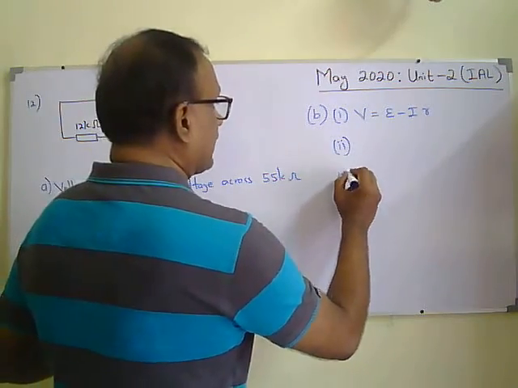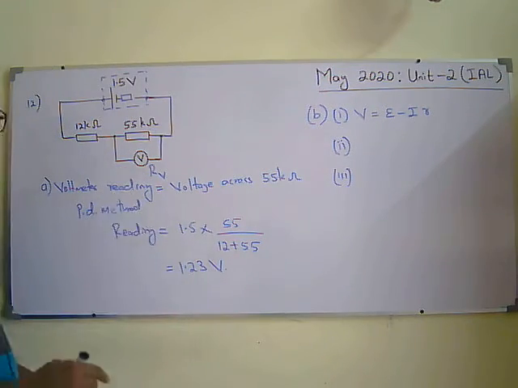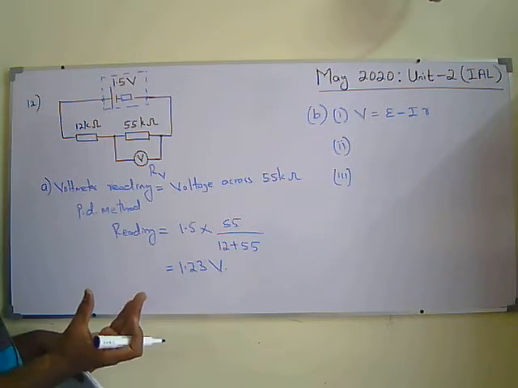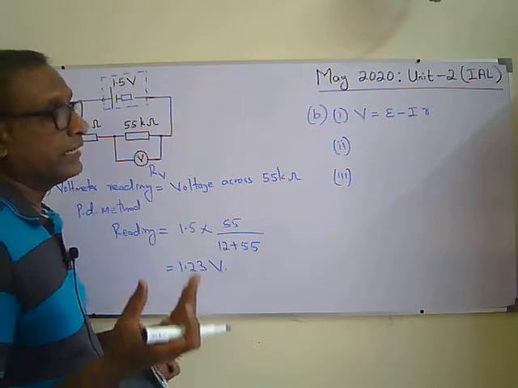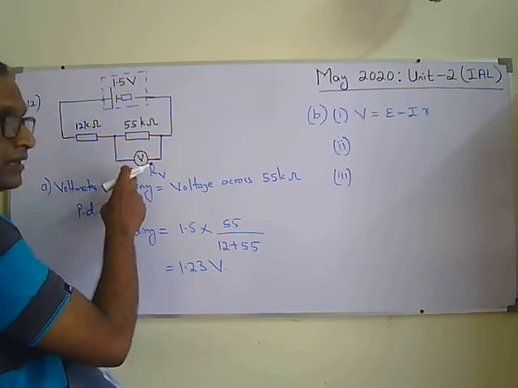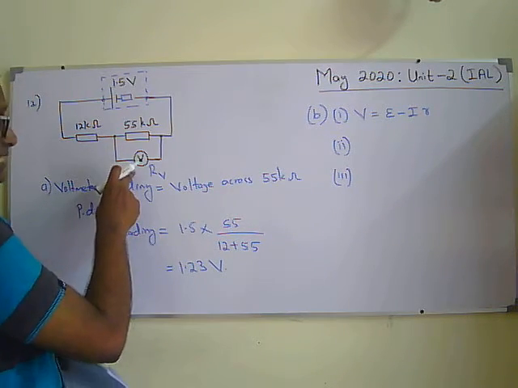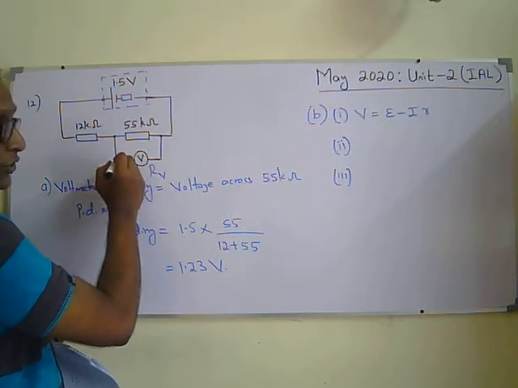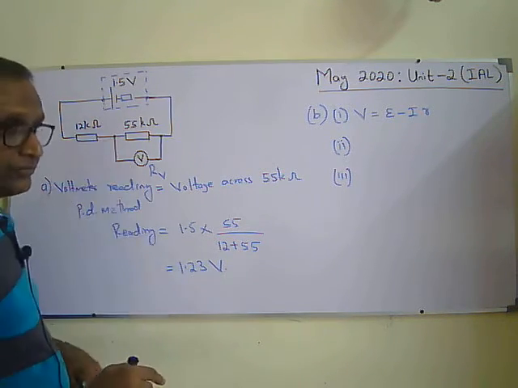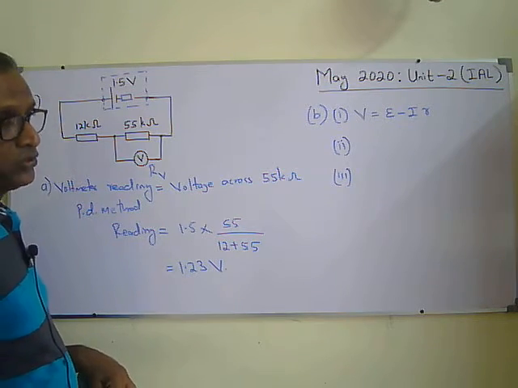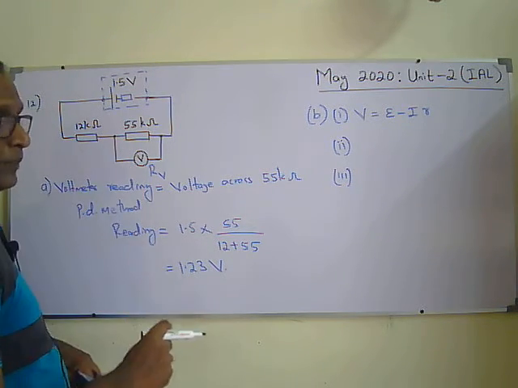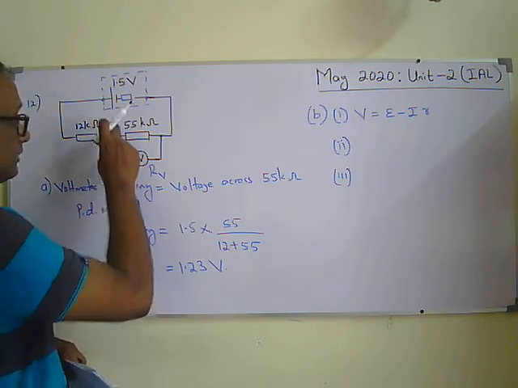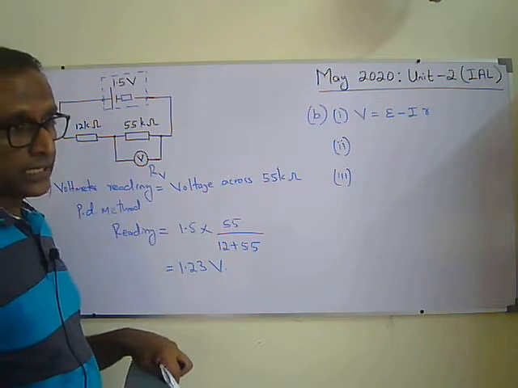Third one, I can say the internal resistance of the voltmeter is not large. It should be very high. An ideal voltmeter should have very high resistance. But if it has a reasonably lower internal resistance, then the combination is going to be lower than 55. When you connect components in parallel, the equivalent resistance becomes lower than the resistance of the components connected in parallel.